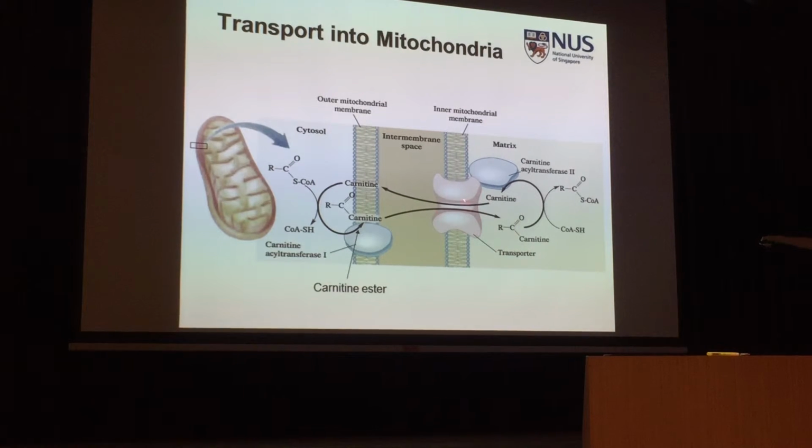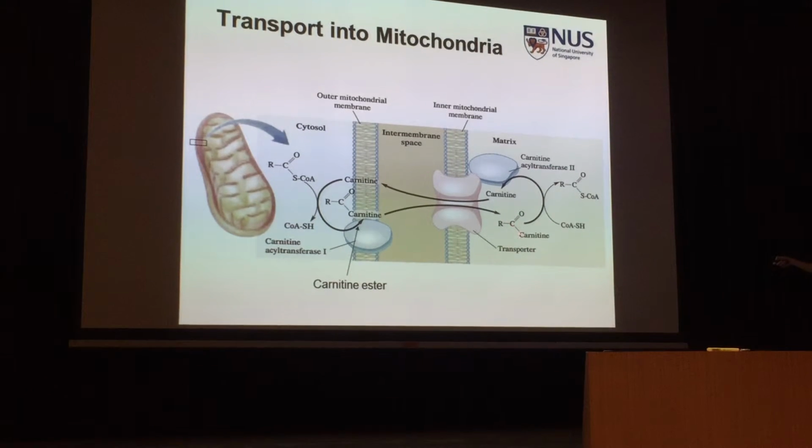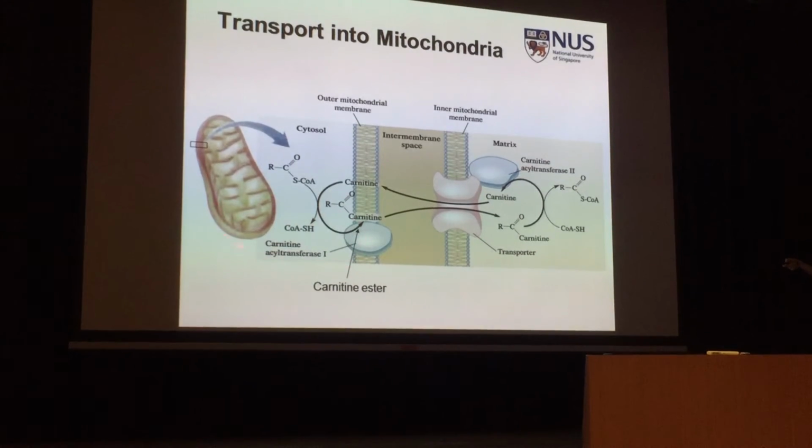The transporter opens its pore and channel and allows it finally into the matrix. In the matrix, the carnitine has to be regenerated by carnitine acyl transferase 2. So 1 and 2 work in a coordinated fashion. 1 is in the cytosol, 2 is in the matrix.